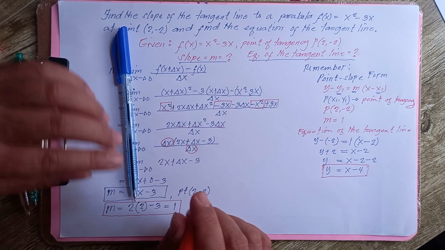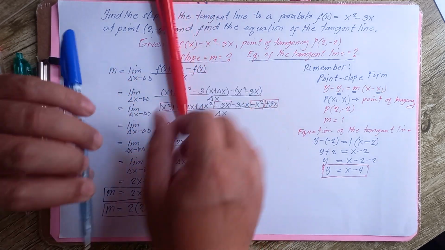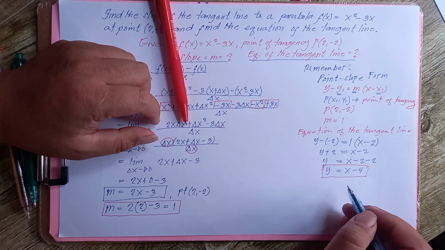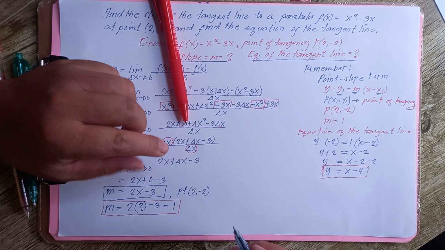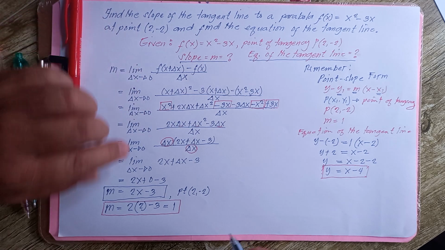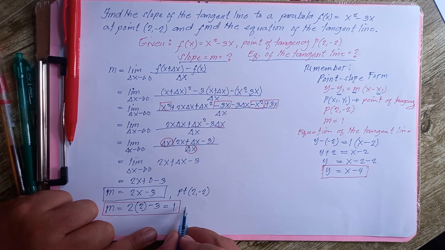Now having said that one, we are now ready to graph the problem. Before we graph the problem, we have to identify this one. So what is this?